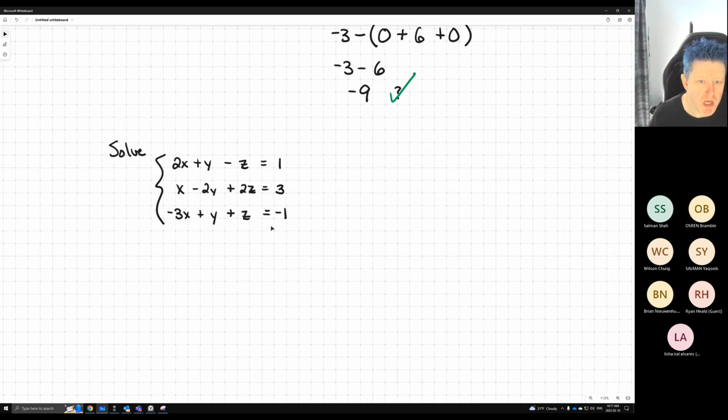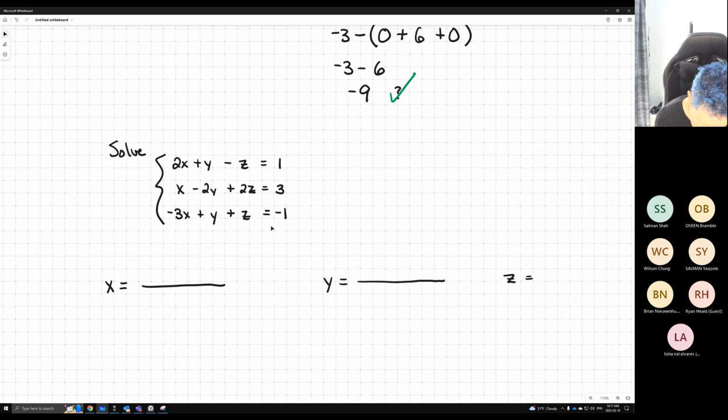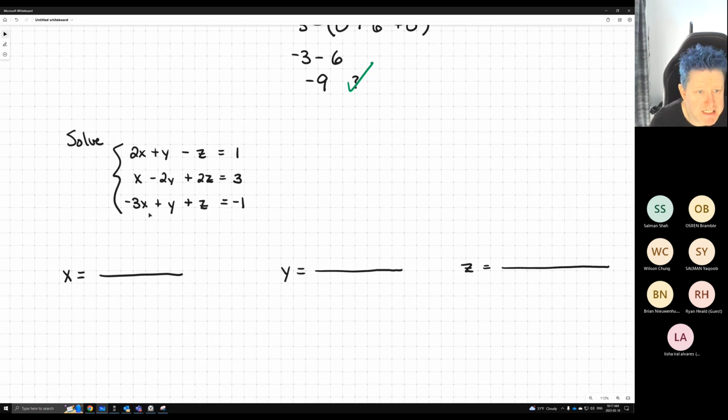All right, so we've got to compute several determinants. First of all, we've got 3 variables, x, y, and z. And remember that the denominator for each of them is the determinant on the left-hand side.